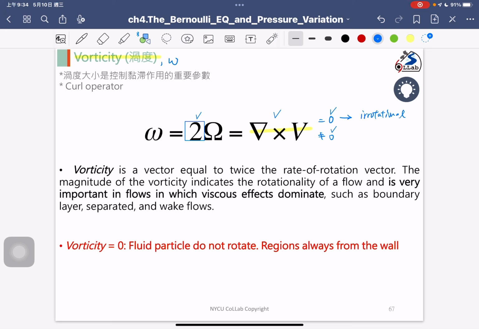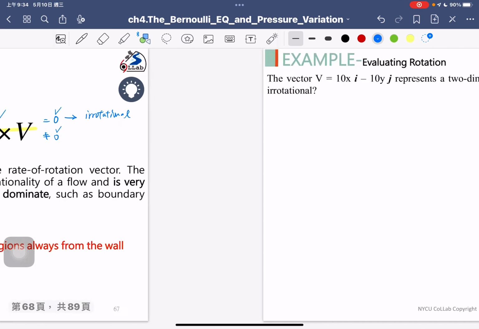Then you can say the flow is rotational or irrotational. It's just based on the formula showing here, so it's very important.